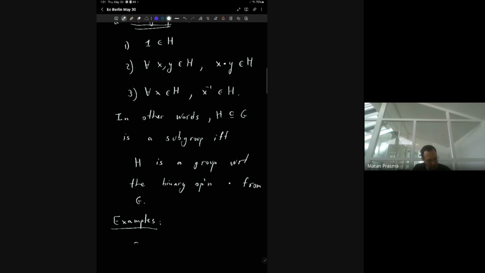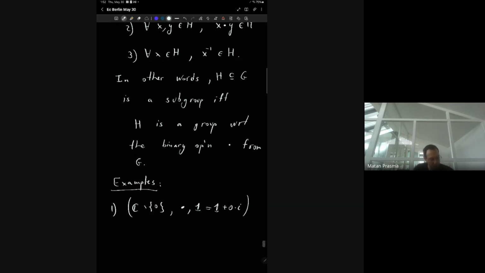So I take the complex numbers and I remove 0, and I consider it as a group with the multiplication of complex numbers and the unit element or the neutral element being the complex number 1, which is 1 plus 0i. This is a group. This you can call G.